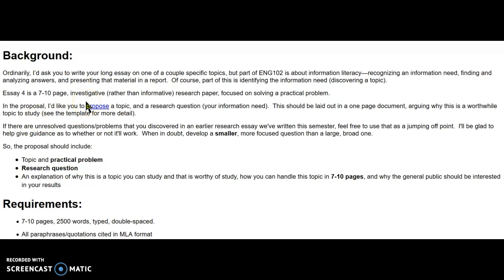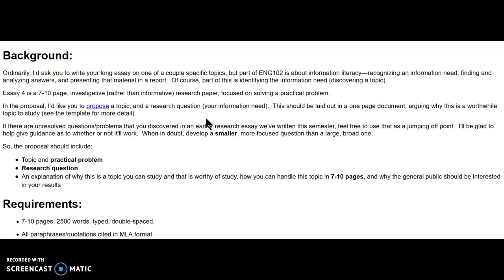In other words, you don't want to give me a topic, you don't want to come up with a research question to which the answer is already known. We want to come up with a research question to which the answer is either somewhat debated or is flat out unknown. Okay? So, you can propose a topic and a research question, which will be your information need.